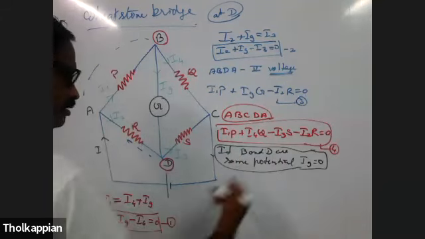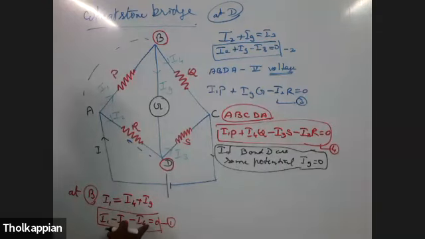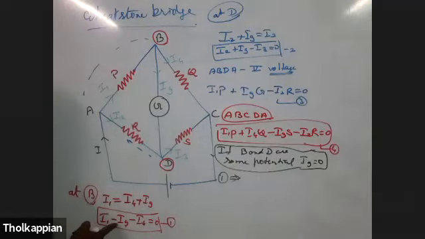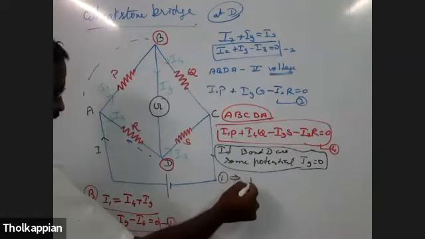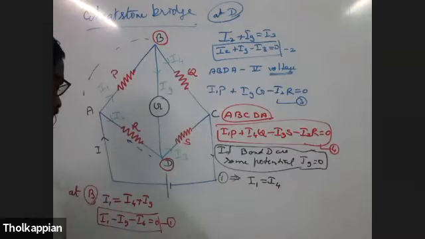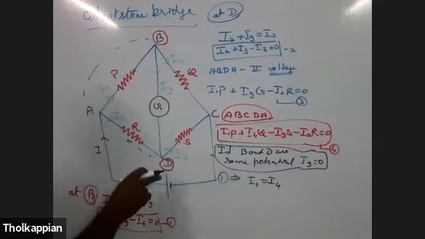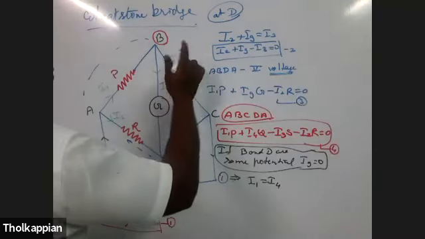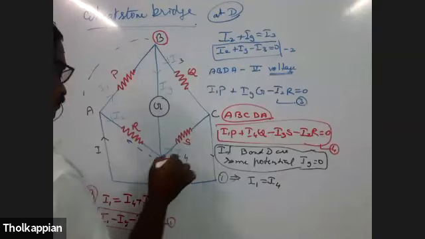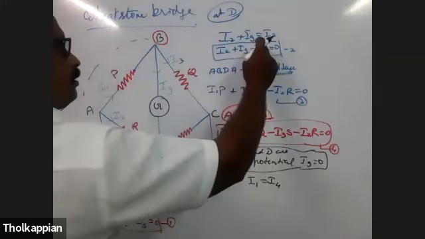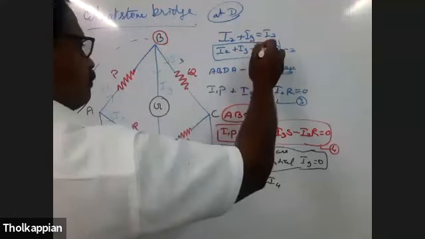So if Ig is equal to 0, apply this in equation 1 and equation 2 first. If you are applying that Ig is equal to 0 here, what happened? We can write I1 is equal to I3. Sorry, students, this is I3 and this is I4.